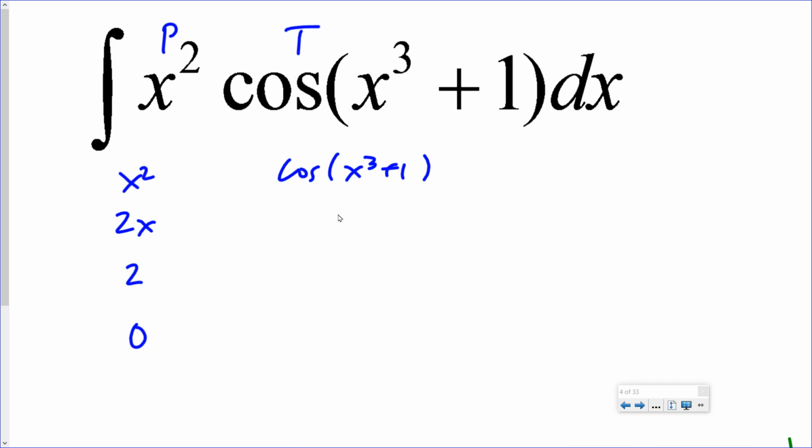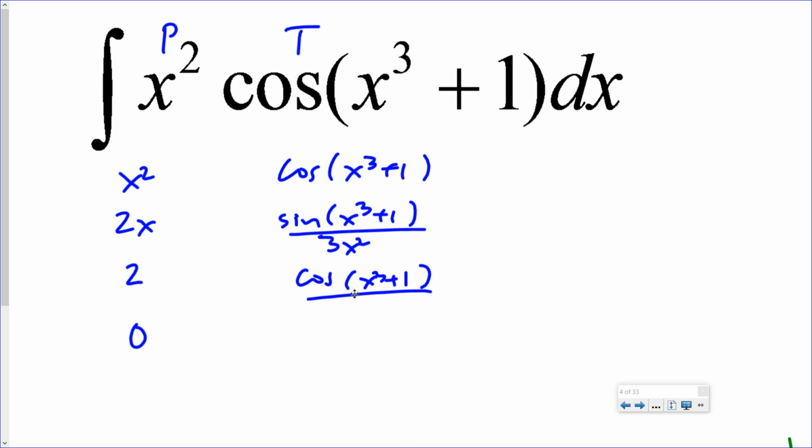And the antiderivative of cosine, oh, that's so easy. That's just sine u divided by the derivative of my u, and then that's just cosine u divided by the derivative of my u. Gosh, I don't even know what the derivative of this is. 9x4. Then it's sine u divided by the derivative of my u.